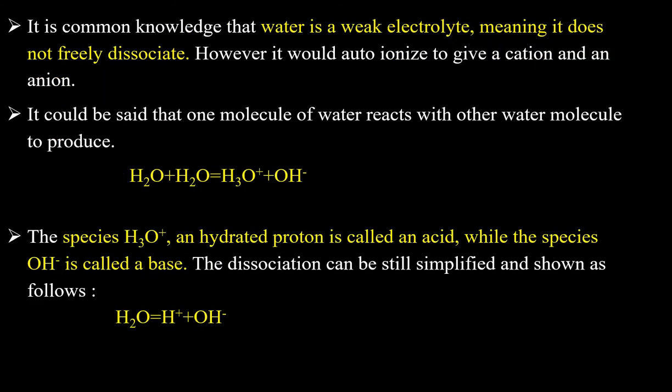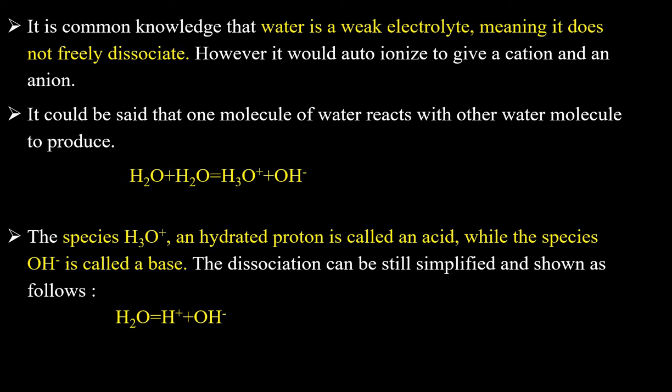It is common knowledge that water is a weak electrolyte, meaning it does not freely dissociate. However, it would auto-ionize to give a cation and an anion. One molecule of water reacts with another water molecule, so as to produce H2O plus H2O giving rise to H3O plus and OH minus.